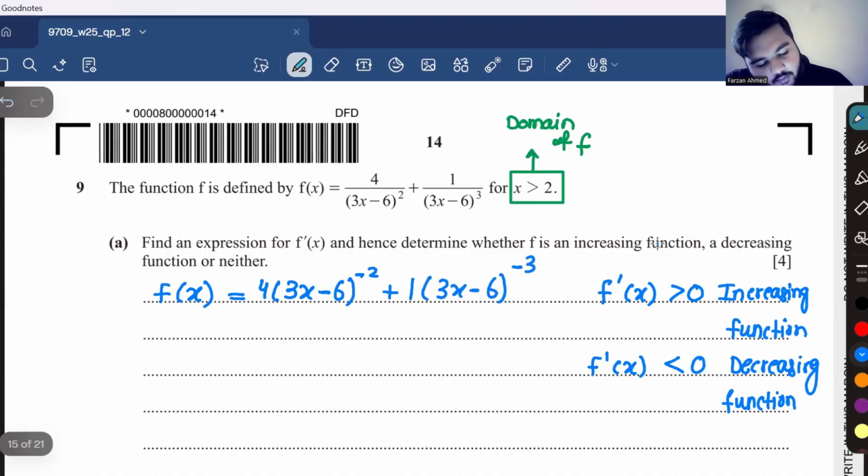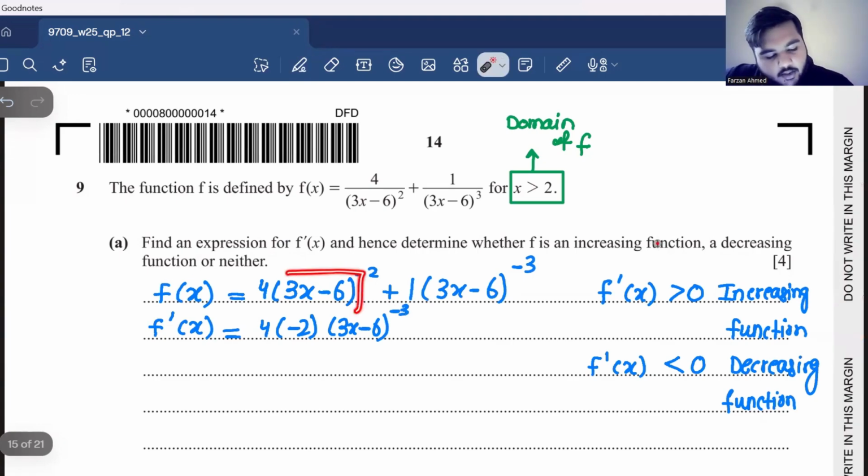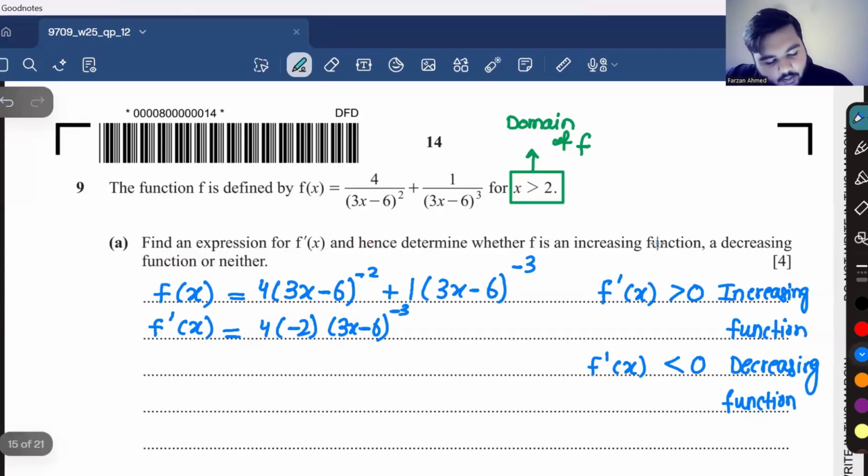When we differentiate, f prime x is equal to 4 multiplied by minus 2 bracket 3x minus 6 to the power minus 3, and we also differentiate the bracket, so 3 will remain. Then 3 plus 1 times minus 3 bracket 3x minus 6 to the power minus 4 and 3.